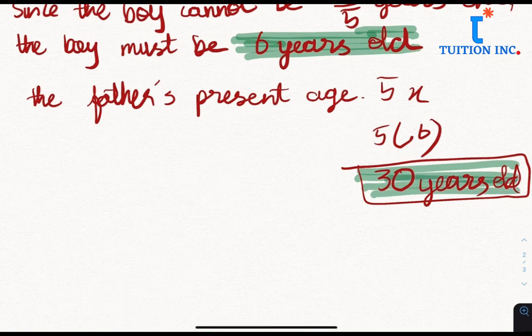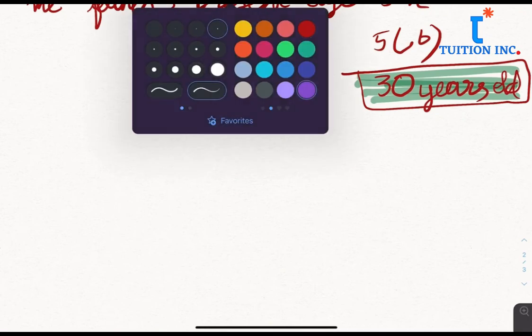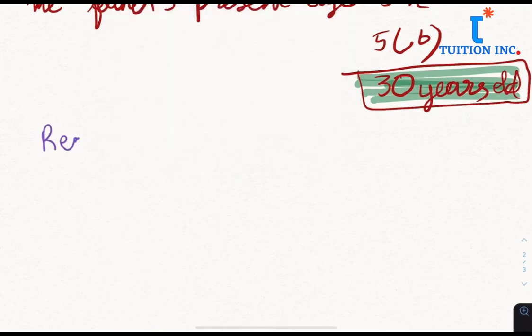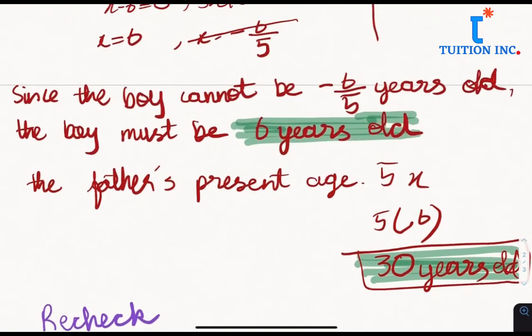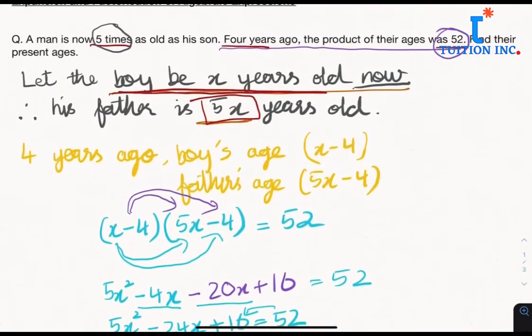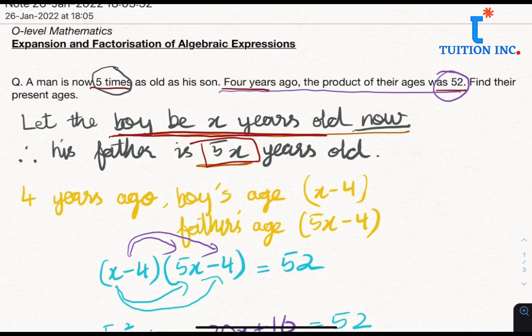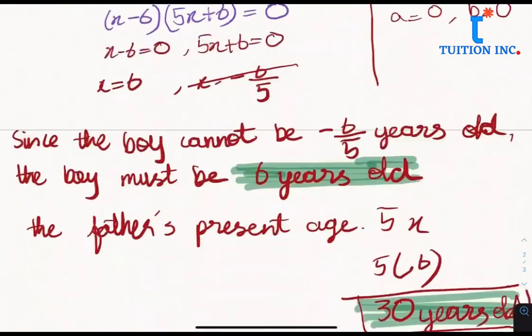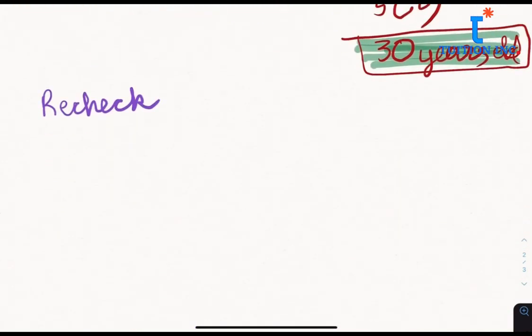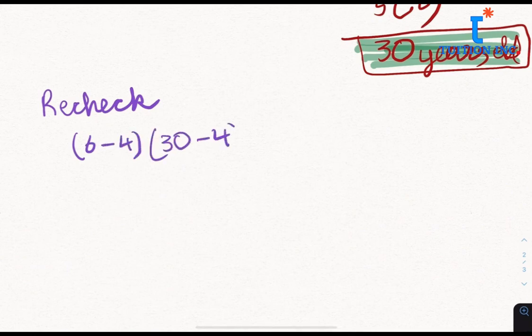Now just to double check this one, just to recheck that if these answers are correct or not, we must go back and read the question again, which says 4 years ago the product of their ages was 52. So 4 years ago, the boy must be 6 minus 4 and the father must be 30 minus 4.